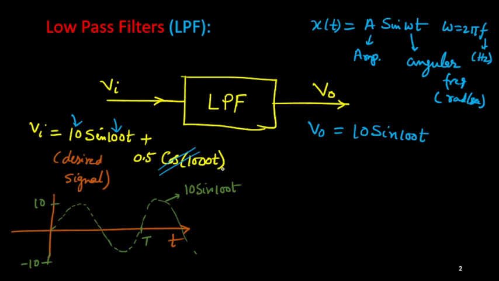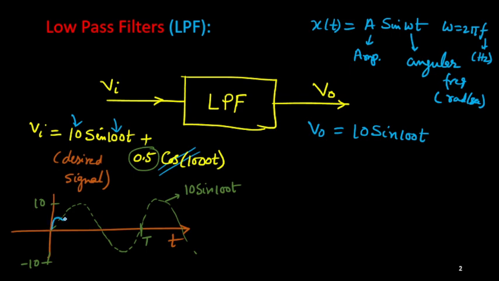Now over this, the high frequency component 0.5 cos 1000t is 10 times higher in frequency. Means this green one will repeat one cycle in T seconds, and in the same T seconds this second component will repeat 10 times. But its amplitude is only 0.5 and that is added. So the resulting signal may look like this one.